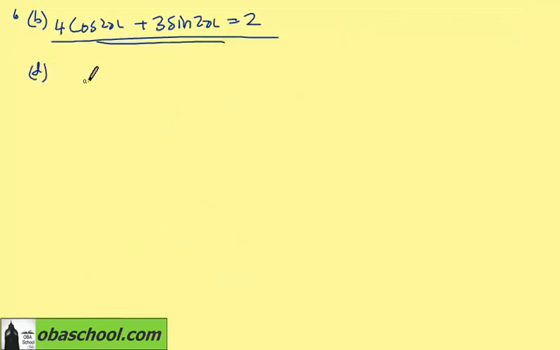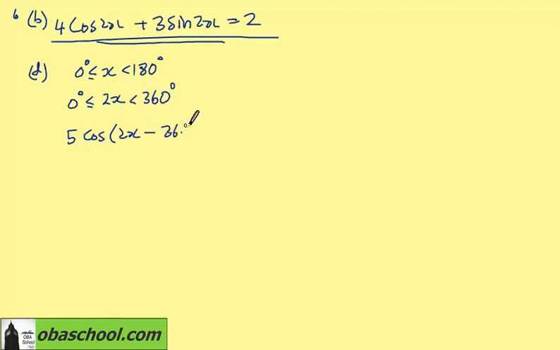In part D, we want to go ahead and solve this equation for values of x between 0 degrees and 180 degrees, which means for 2x we're going between 0 degrees and 360 degrees. We know from part C that the left-hand side can be written as 5 cos(2x minus 36.87 degrees), and that's equal to 2.